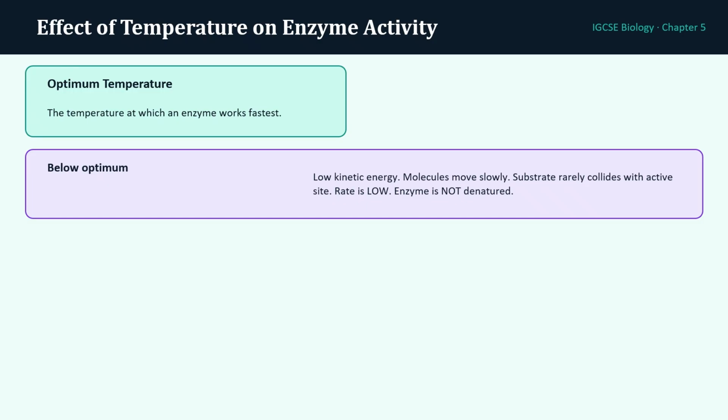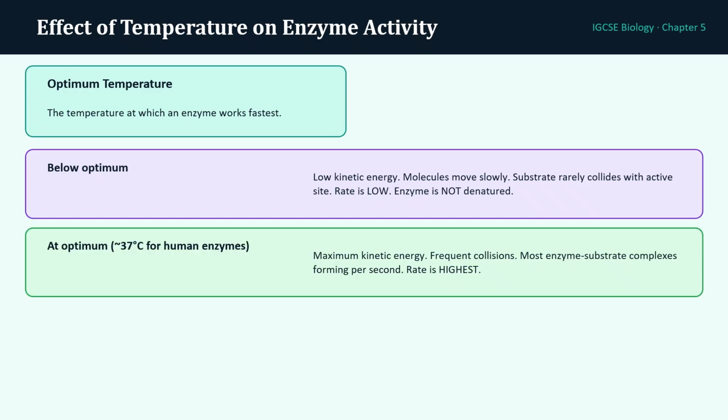Below the optimum. Now below the optimum temperature, the temperature is low. This means low kinetic energy. Molecules are moving slowly. The substrate rarely gets a chance to collide with the active site. So, very few enzyme substrate complexes are forming and the rate of reaction is low.